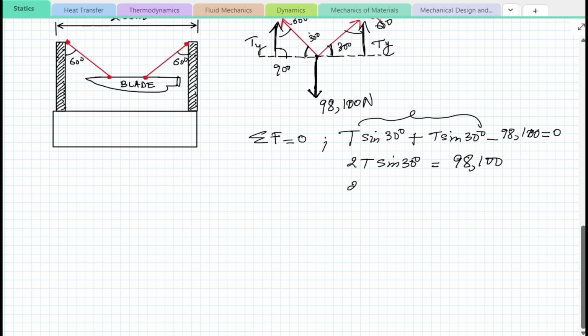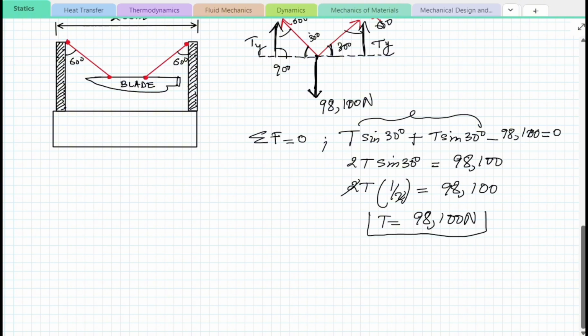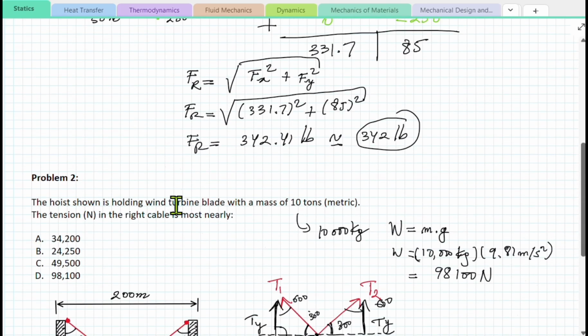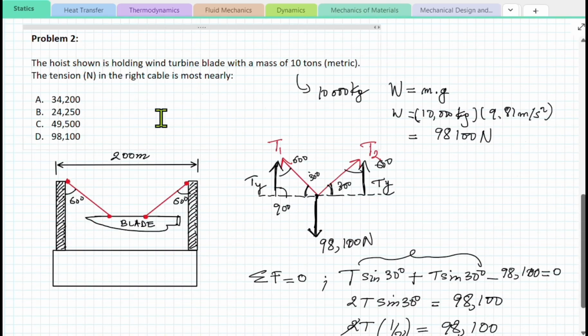And then we'll have 2T times sine of 30 degrees, which is 1/2, is equal to 98,100. And we can divide 2 by 2 here. This simplifies. So T will be equal to 98,100 Newton. And looking back at our proposed answers, that will be answer D.